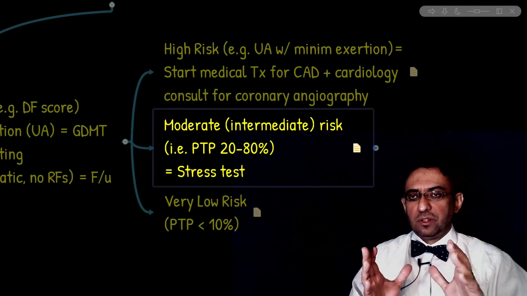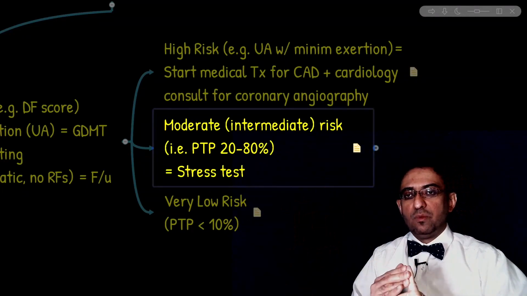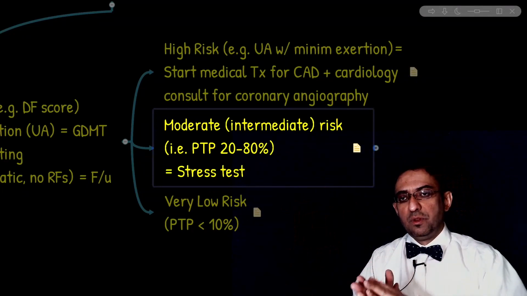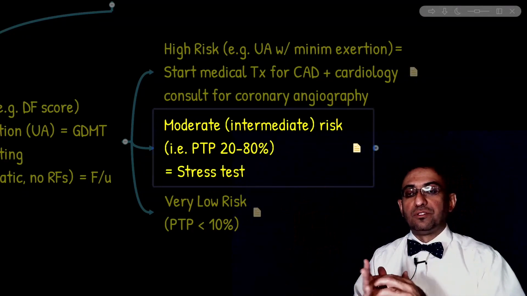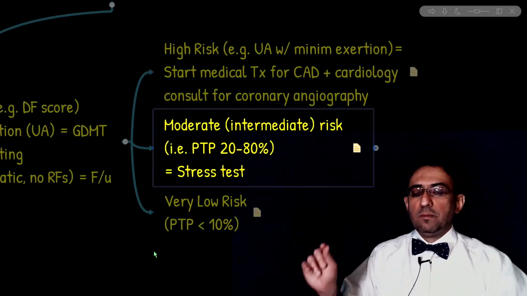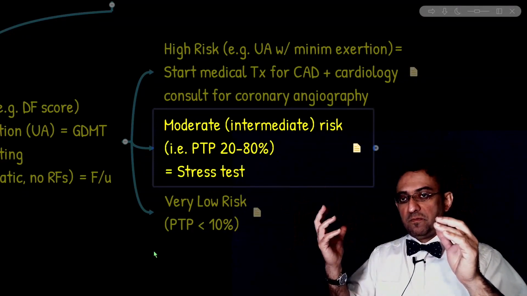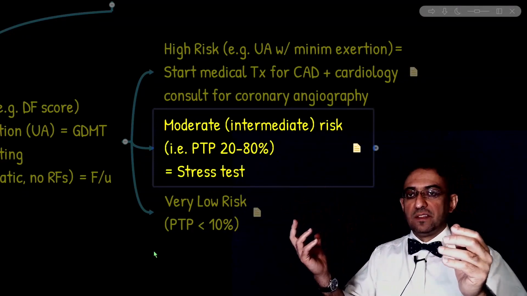Also, to remind ourselves that if you hear the term pharmacologic stress test, that's mainly when we use dipyridamole or adenosine compounds. And for the dobutamine, even though it's a pharmacologic stressor, it's usually referred to as the dobutamine stress echo.